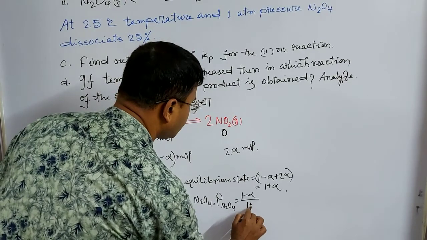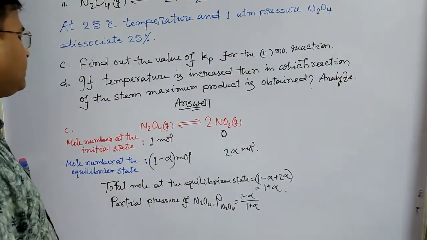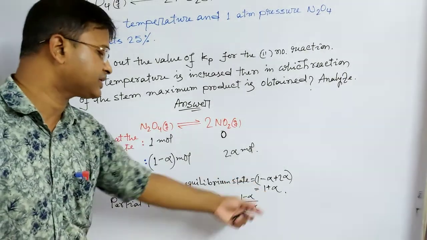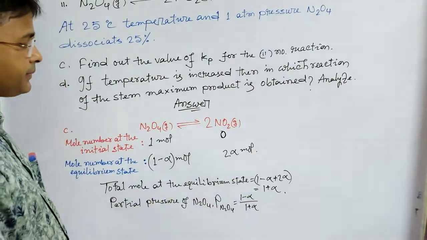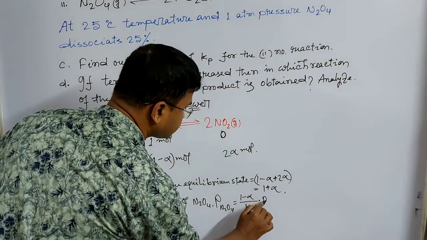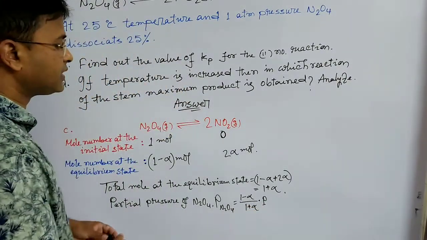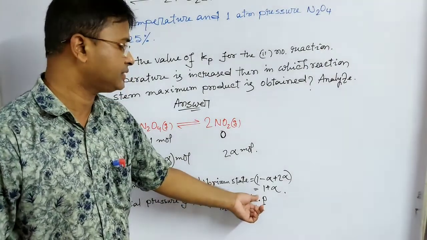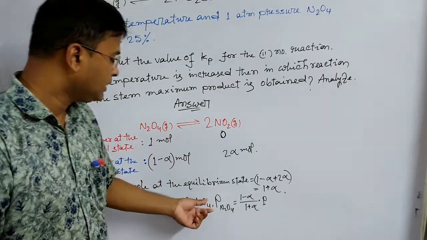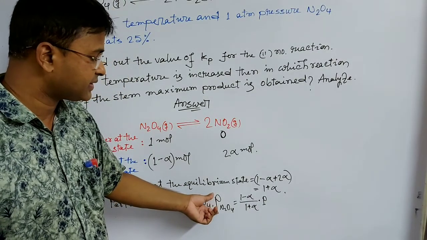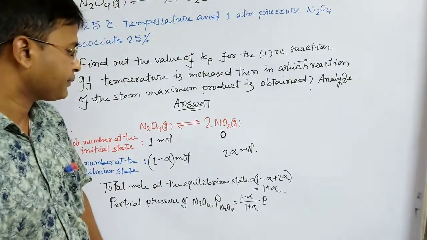All of you know that mole fraction means mole number of the respective substance divided by total mole number of the system, into total pressure. My dear students, it is noted that this P is capital P, which denotes the total pressure, but this p stands for partial pressure. This is small p.